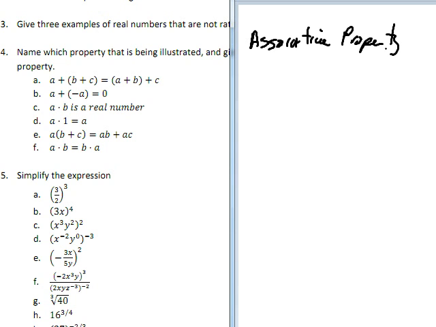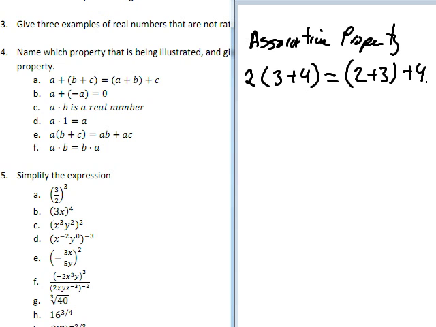Okay, so forgive my poor penmanship. And we need to just show that the property is true. To show the property is true, it's quite simple. You just do 2 plus (3 plus 4) equals (2 plus 3) plus 4.